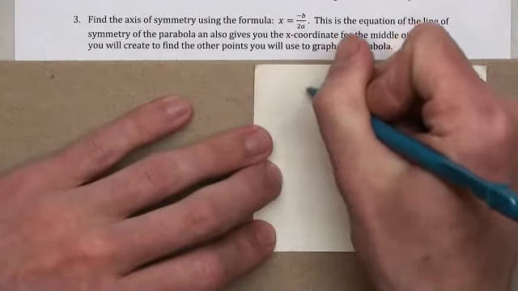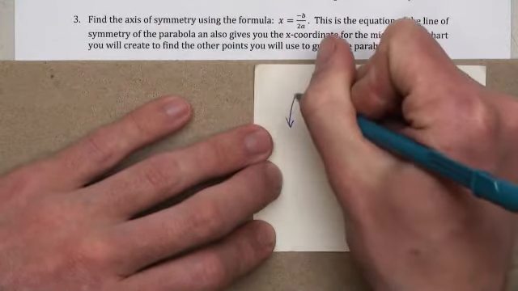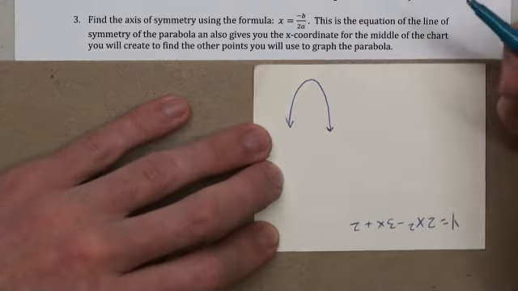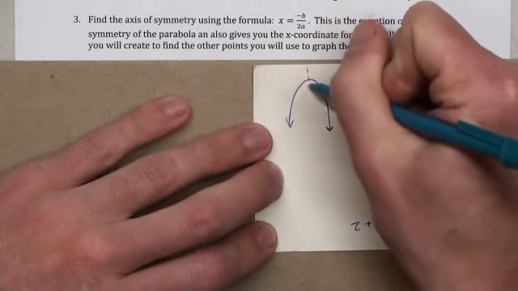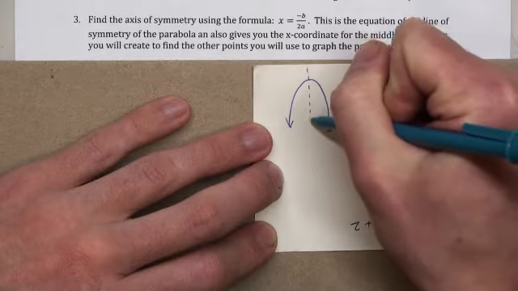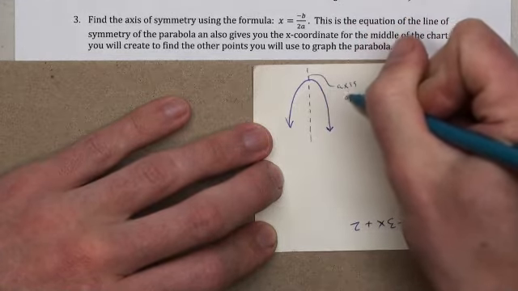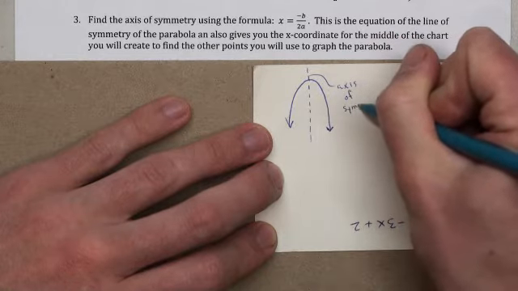What the axis of symmetry is: remember, a parabola is symmetric. One side is the same as the other. It's got a mirror line right here, and that line is the axis of symmetry.